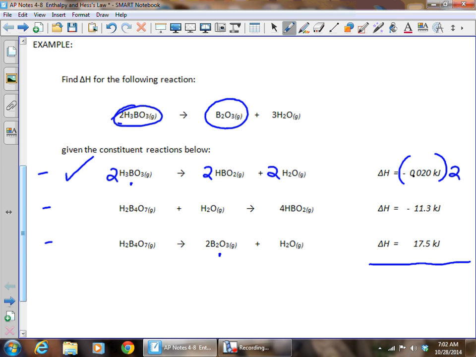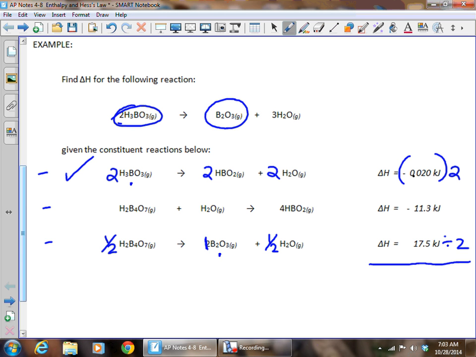And we need to change this reaction to get it to match the B2O3. So looks like we're going to have to divide by 2 to get it to match, so that there's only one B2O3 in this step reaction. So I'm going to divide this in half, and that's going to be 1 B2O3. Strangely enough, it's going to be a half of an H2B4O7 and half of an H2O. And don't forget to make sure and divide this one by 2. Divide the delta H by 2.